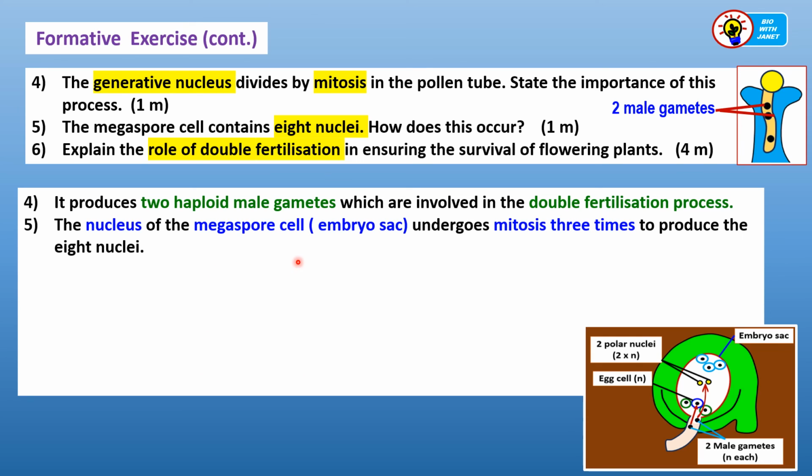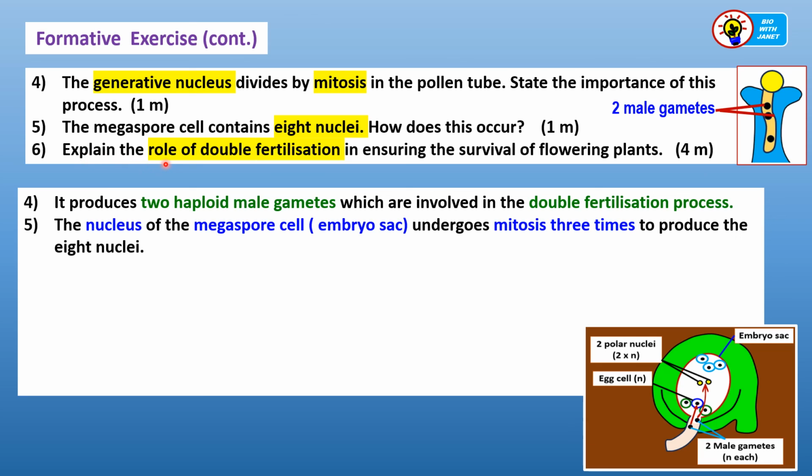The nucleus of the megaspore cell or embryo sac undergoes mitosis 3 times to produce the 8 nuclei. From one nucleus, after the first mitosis, it divides to form 2 nuclei. In the second mitosis, the 2 nuclei divide to form 4 nuclei. And after the third mitosis, the 4 nuclei divide to form 8 nuclei in the final mature embryo sac.